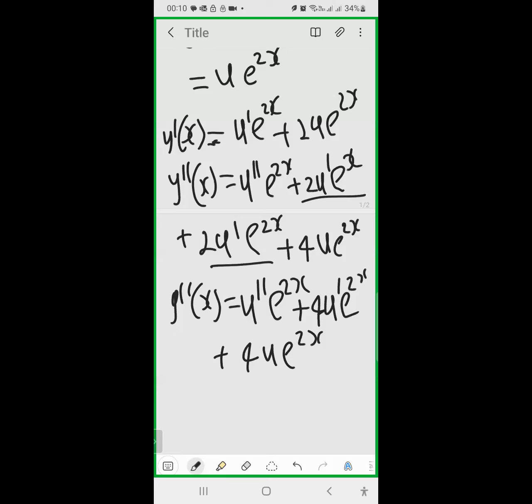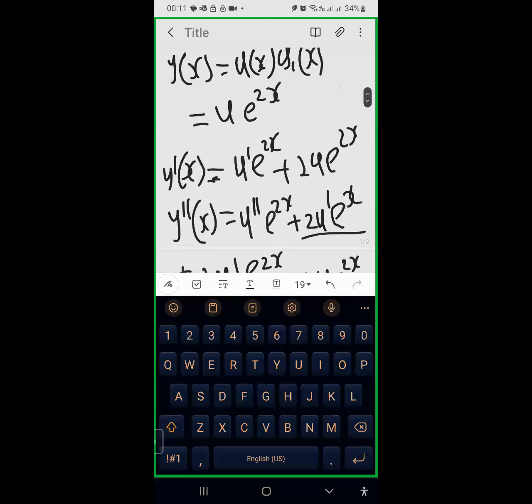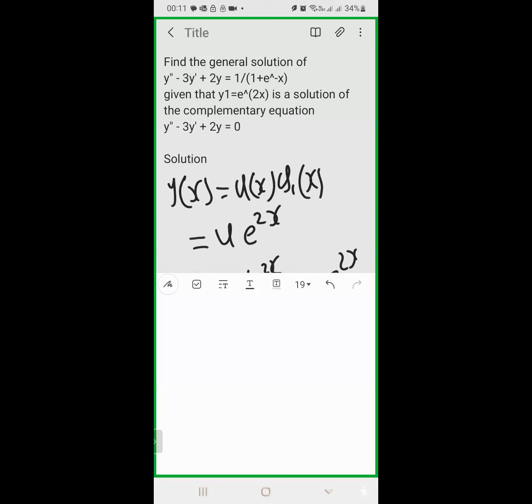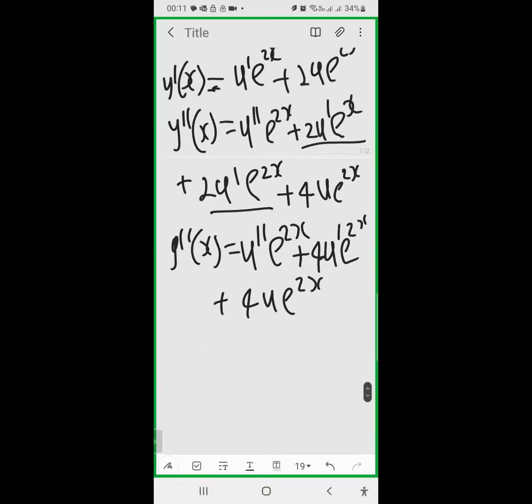Now let's substitute our y of x, y prime of x, and y second derivative of x into our given non-homogeneous linear second order differential equation, which is y double prime minus 3y prime plus 2y is equal to 1 over 1 plus e to the power minus x. We know from our assumption that our solution is in the form of u y1 of x.